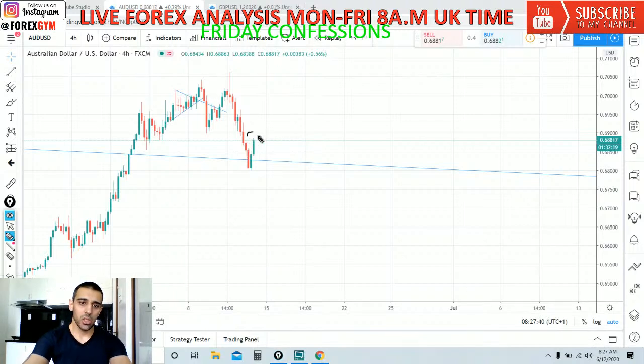If it closes bullish, or pushes a little higher and closes as a strong bullish candle, then on a retracement I would buy it, but only up until 1.6900. So it's only 20 pips away, which makes it a bit more complicated.